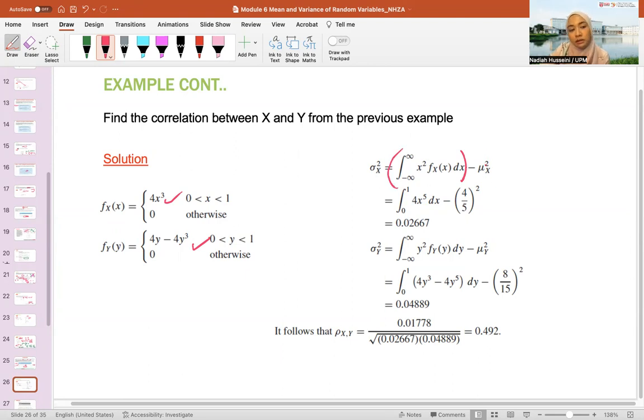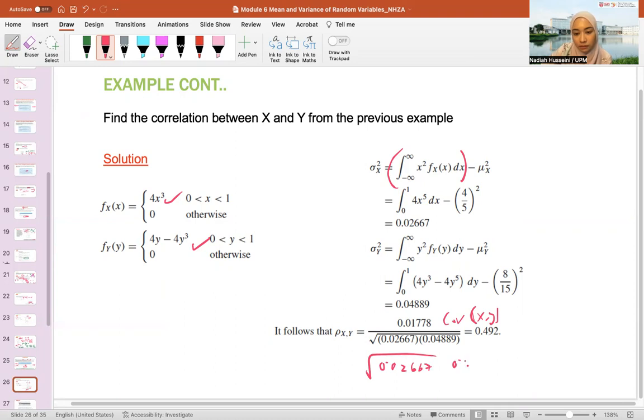Do not put the mean together inside this integration. You just reapply it and you find the answer, and this is basically the covariance between x and y. And this is your standard deviation because you are square rooting your variance. This is your variance. You can also write it like this.